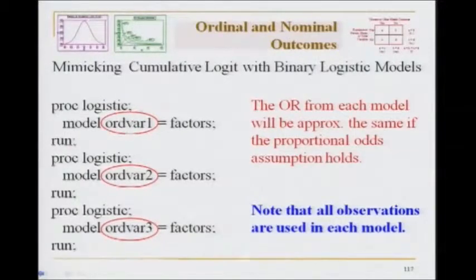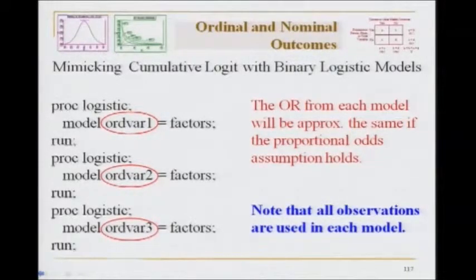Again, purely for illustration, I can run 3 different models. Each has a binary outcome variable, so this is regular binary logistic regression. All the observations are in each of these models, so they're not stratum specific, with one group in one model and another group in another model.